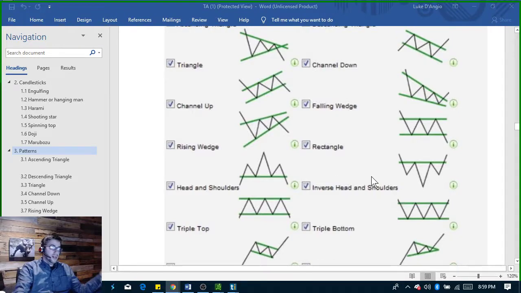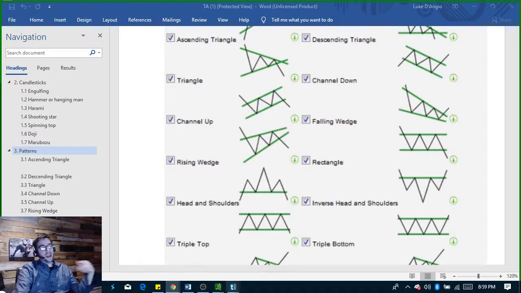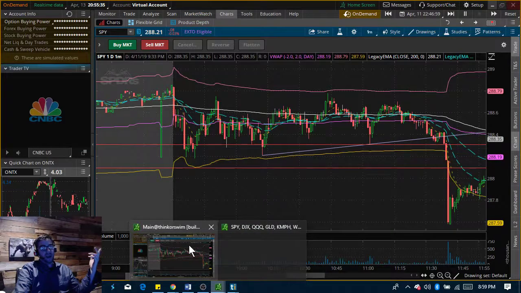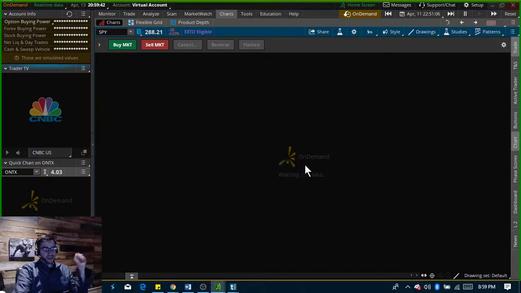That is the trifecta: volume, a chart pattern, and also followed by a significant amount of volume.